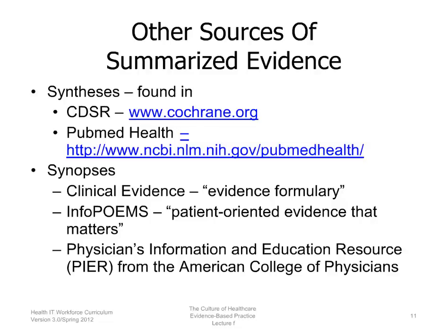It draws on Cochrane reviews and other syntheses and individual studies to essentially summarize the evidence. Another source is InfoPOEMs, with POEMs standing for Patient-Oriented Evidence That Matters, which is also a collection of synoptic evidence. Finally, there is PIER, the Physician's Information and Education Resource from the American College of Physicians.